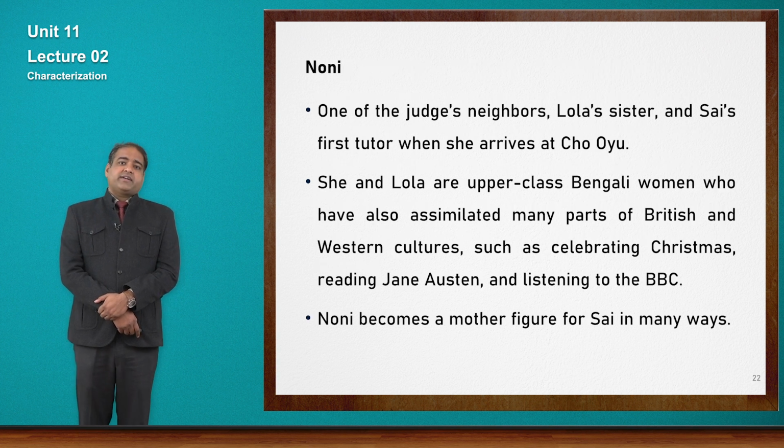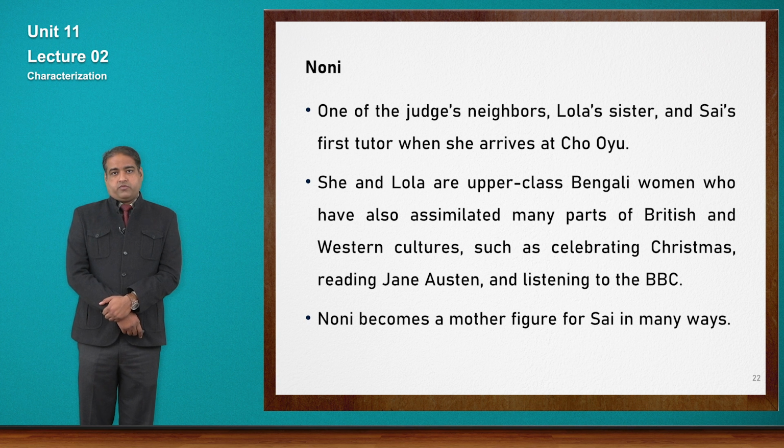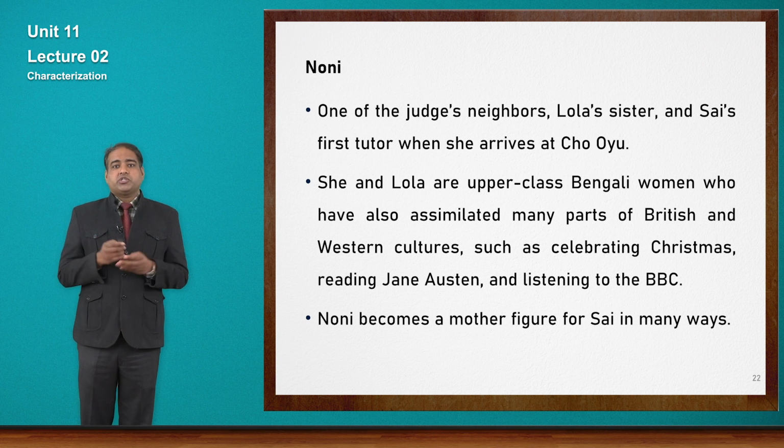We have another character in the story whose name is Noni. One of the judge's neighbors, Lola's sister and Saeed's first tutor when she arrived at Cho Oyu. She and Lola are upper-class Bengali women who have also assimilated many parts of British and Western cultures, such as celebrating Christmas, reading Jane Austen, and listening to the BBC.